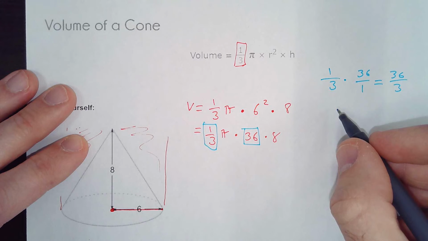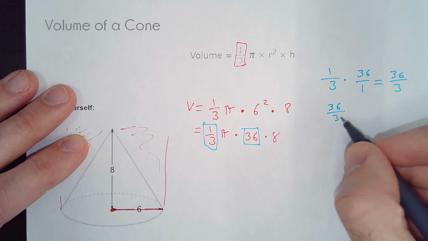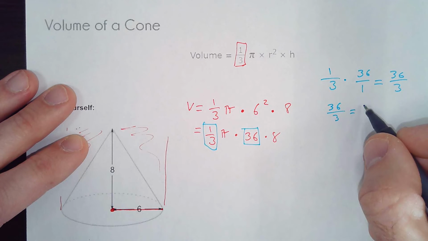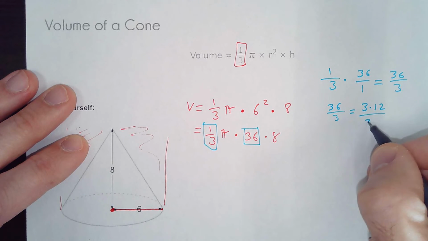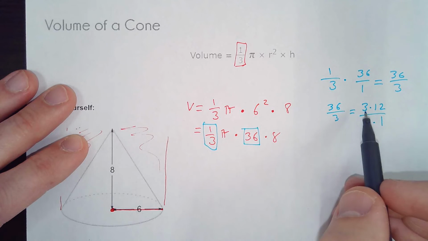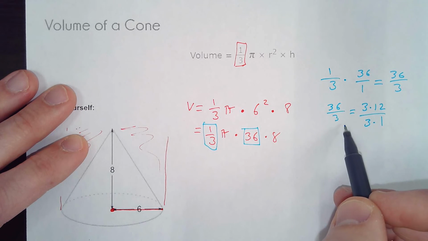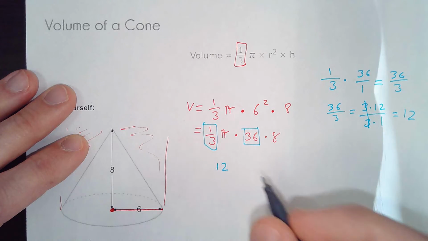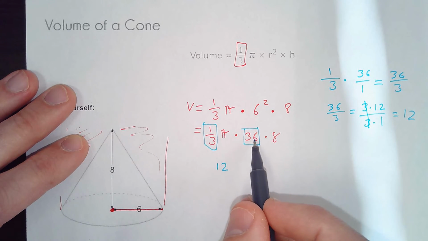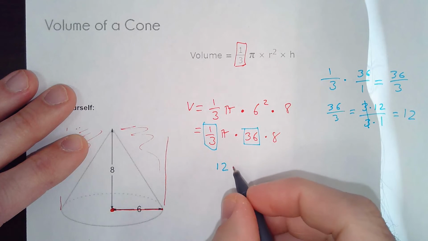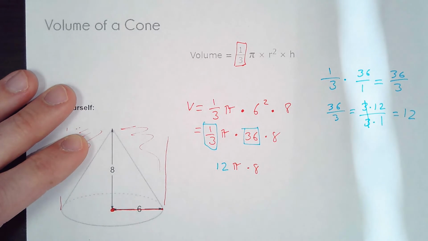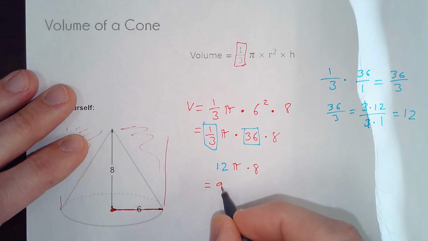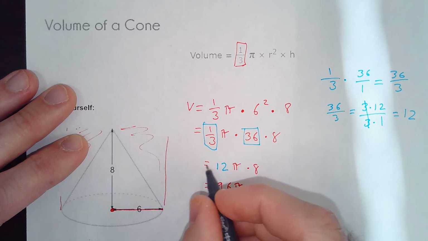Then we can simplify 36 over 3 by thinking of 3 times 12 is 36, 3 times 1 is 3. Those make our giant 1, cancel out, we're left with just 12. So 1/3 and 36 simplified to just 12. Now we are left with 12 pi times 8, and 8 times 12 is 96. So we're left with 96 pi.